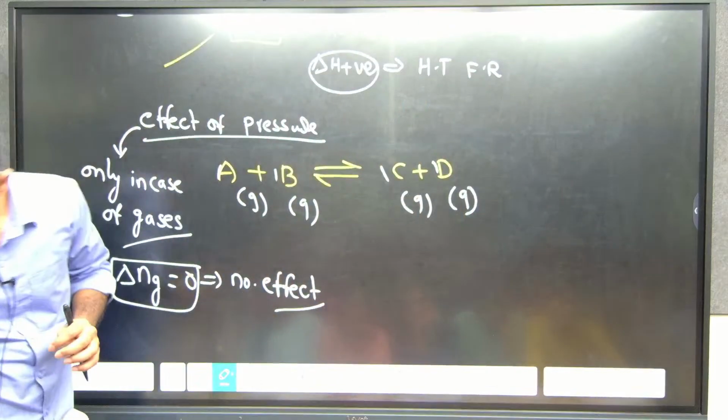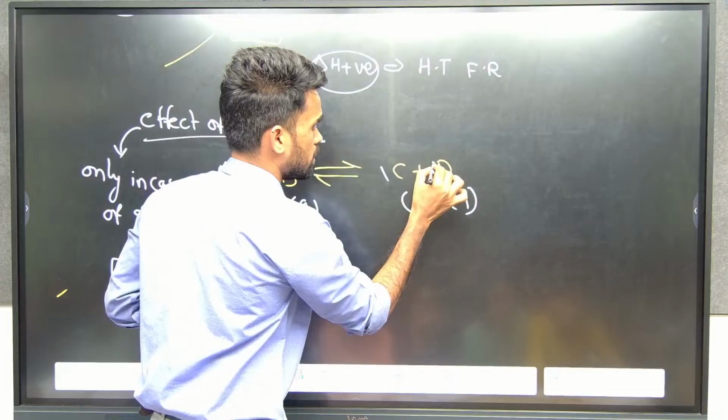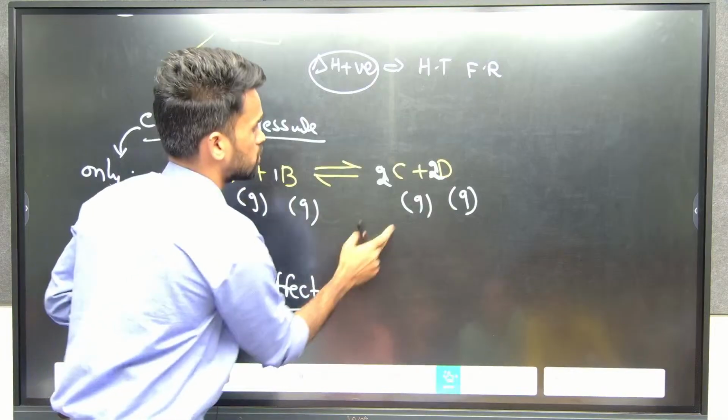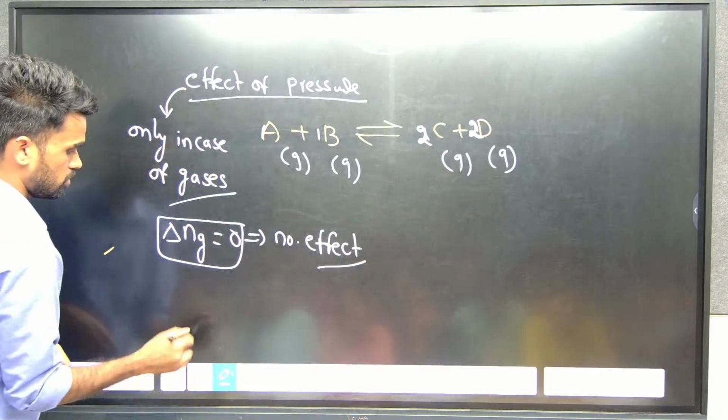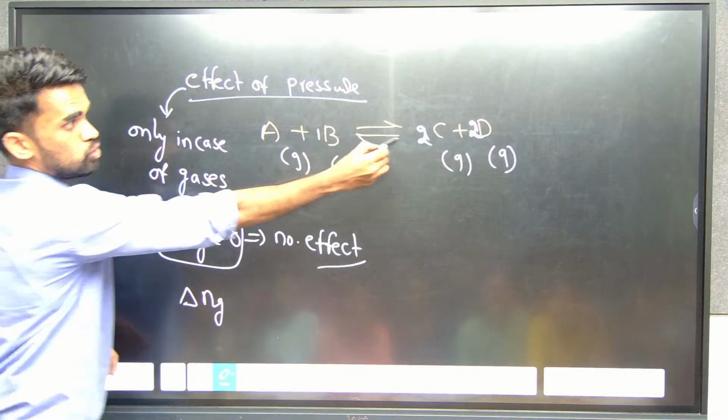First you study here. Now find delta Ng: 2 plus 2, 4.